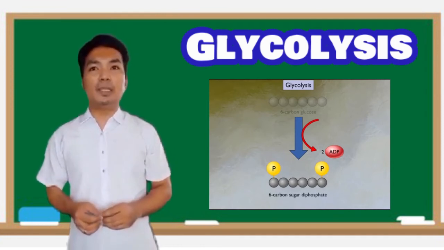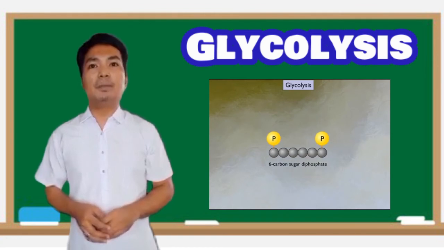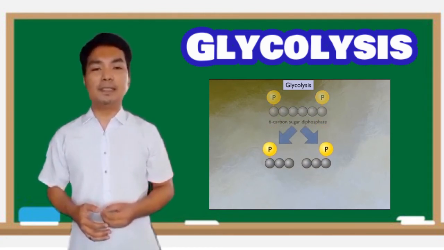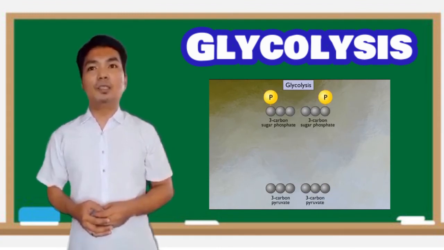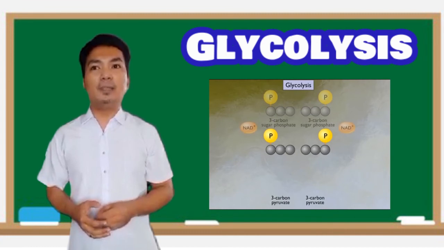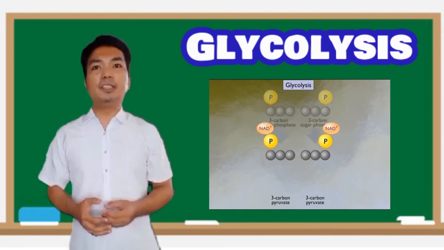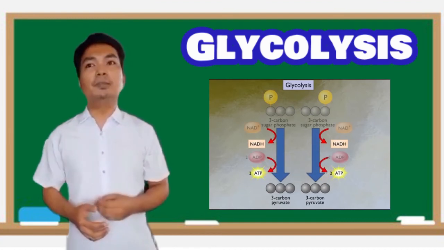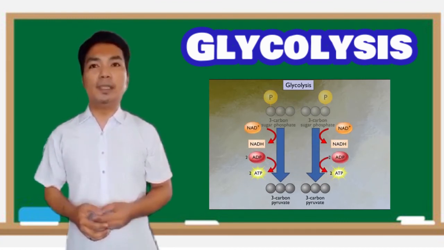Splitting a molecule in half sounds simple, but glycolysis actually involves a series of steps that are controlled by specific enzymes. 2 molecules of ATP are spent to begin glycolysis, and 4 ATP are collected as energy is released from glucose. Therefore, glycolysis only gives us a net of 2 ATP.